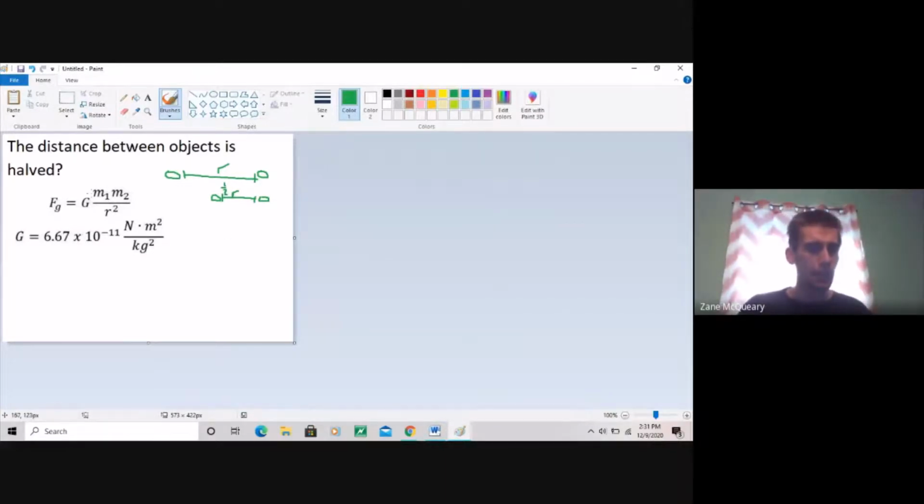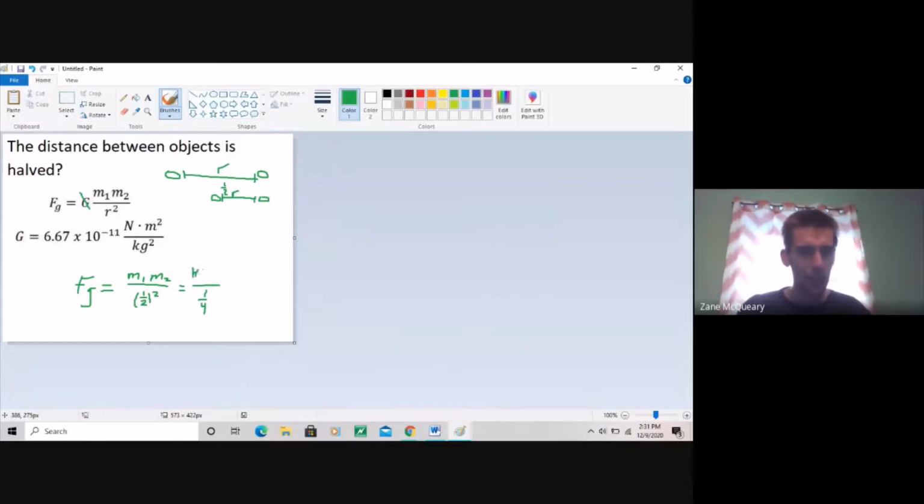So get rid of that G. If G equals, all right, mass 1 has not changed, mass 2 has not changed. So we're going to leave them alone. And the distance between them has changed by 1/2. And there's a square here, so be careful on that. Okay. 1/2 squared is the same thing as 1/4.